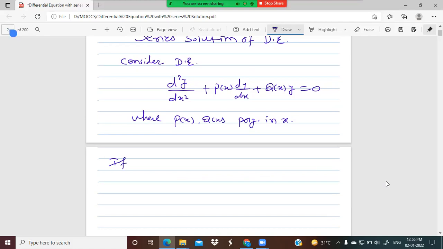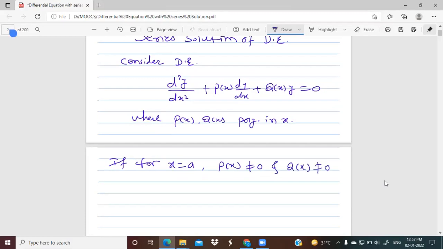If for x equal to a, p of x is not equal to 0 and q of x is not equal to 0, then x equal to a is an ordinary point.